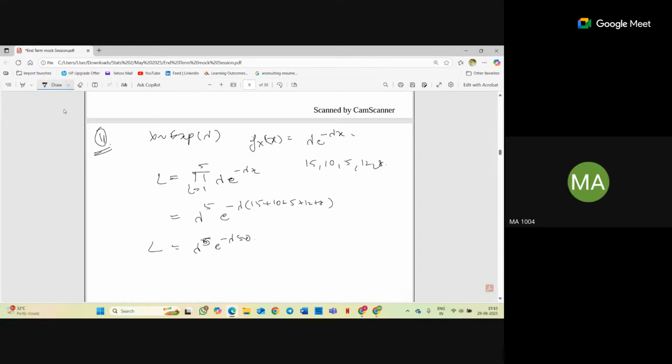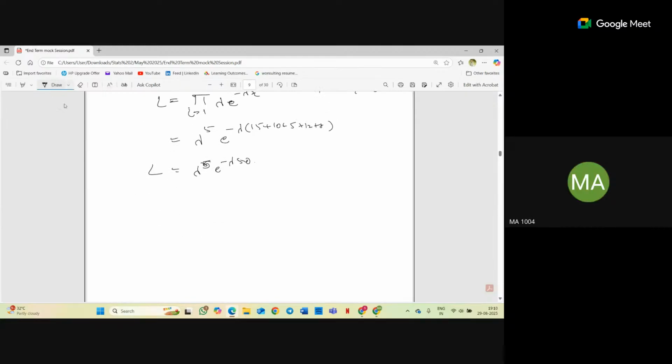So we have the likelihood function. The next step is the log of the likelihood. So 5 log lambda minus 50 lambda, right? Yes, ma'am. Then we differentiate with respect to lambda.